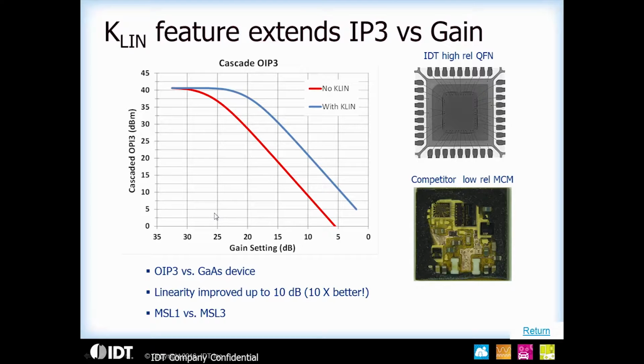Another benefit is we are able to provide you MSL1 versus MSL3 for competing devices using gallium arsenide technology. So IDT's silicon-based technology, which I will cover in the next slide, enables us to provide you this benefit of better reliability as well.